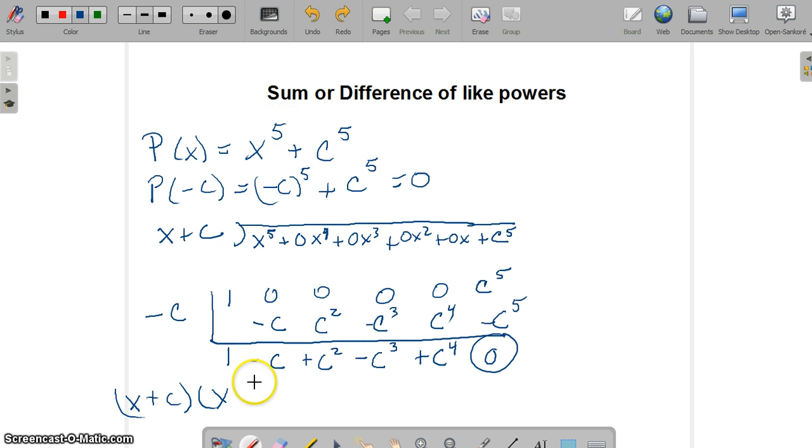This started with a 5th degree polynomial, so this is going to be x to the 4th minus c, that's my coefficient, x to the 3rd, plus c squared x squared, minus c cubed x plus c to the 4th.